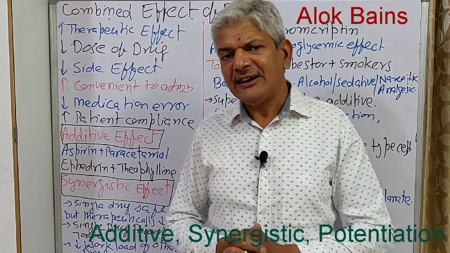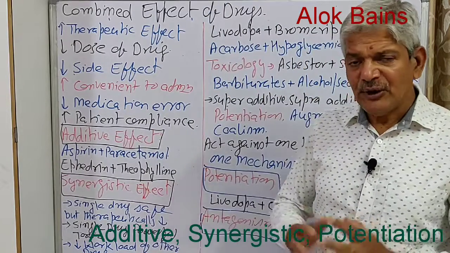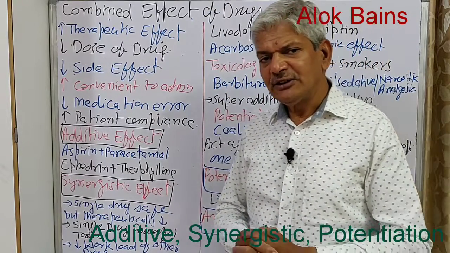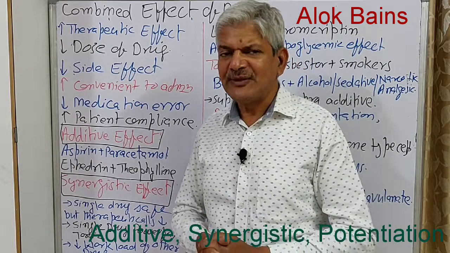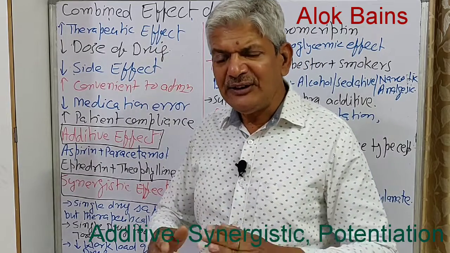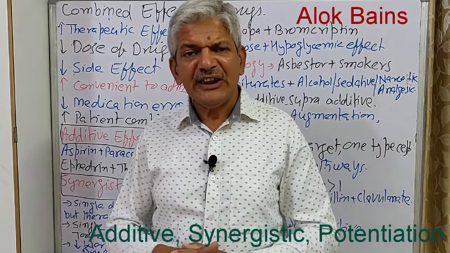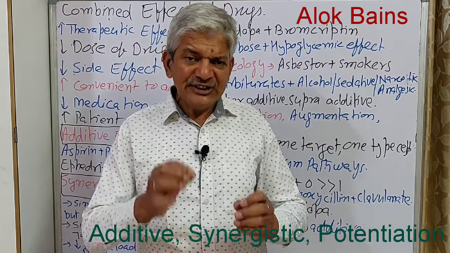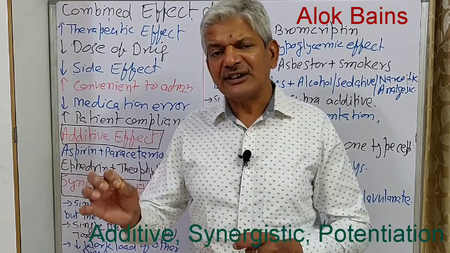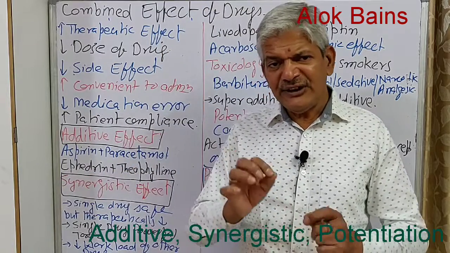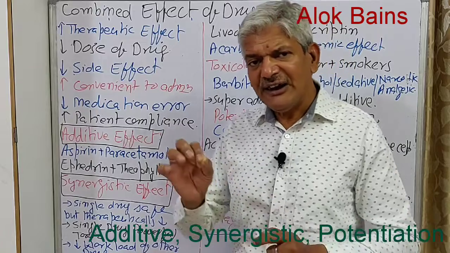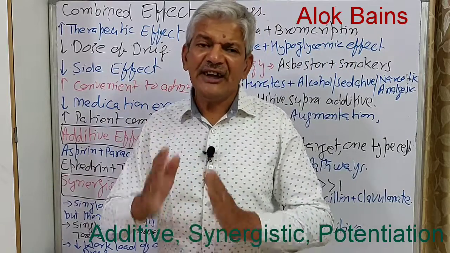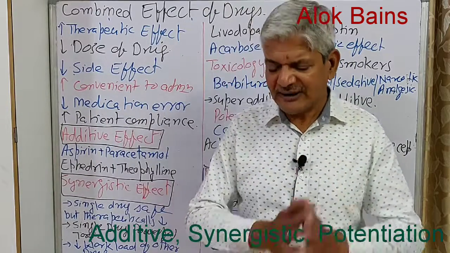What is additive effect? Suppose we are using 2 or more drugs at one time, and their combined effect is equal to the sum of the individual drugs' effects. If it is equal to the sum of the individual drug effects, then it is called the additive effect.